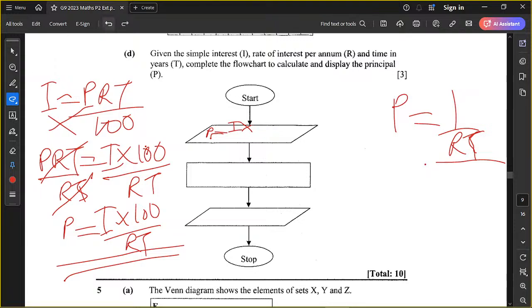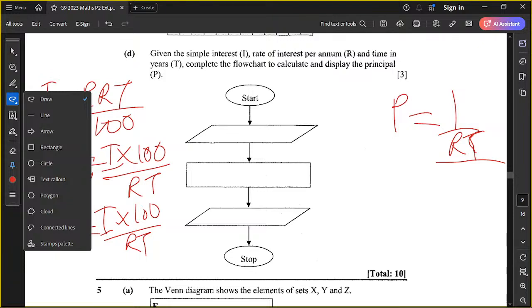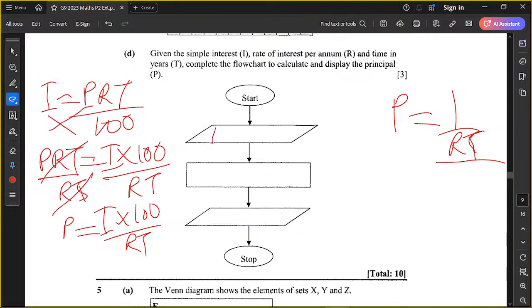Why have I skipped? So what we are given, oh sorry, we are given the interest, which is I. We are also given rate, we are also given time.